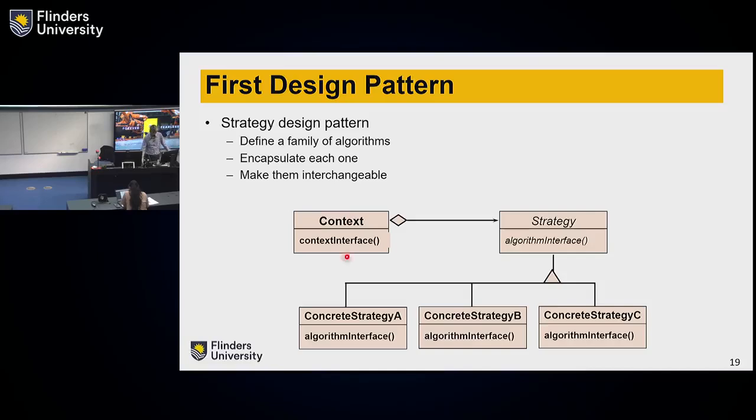So you have a context. In this case, it was the duck context. So we use composition. We define a fly behavior interface. So one strategy is basically representing fly behavior. Similarly, we have another strategy, which is quack behavior. We can have another strategy and so on. So there could be multiple strategies.